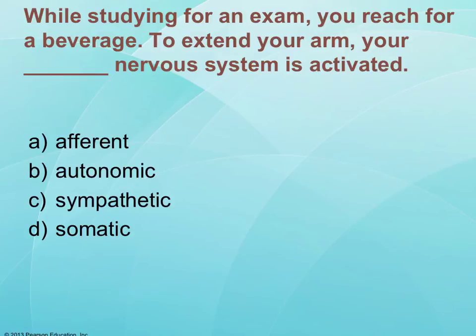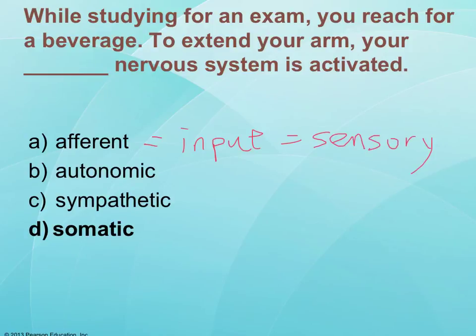So the answer is D, somatic. If you see afferent here, afferent is the direction going in, that is input. And input is equal to sensory. So if you see the drink, that is afferent, that is sensory.